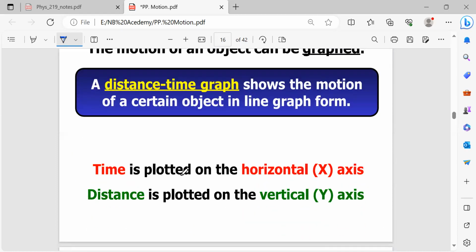On the x-axis, we plot the time. And on the y-axis, we plot distance. So here, distance time graph, here the time, and we have to write the unit used. Here, the distance in meters. So the slope or the gradient of this graph represents speed. So here we're graphing the speed of the object.